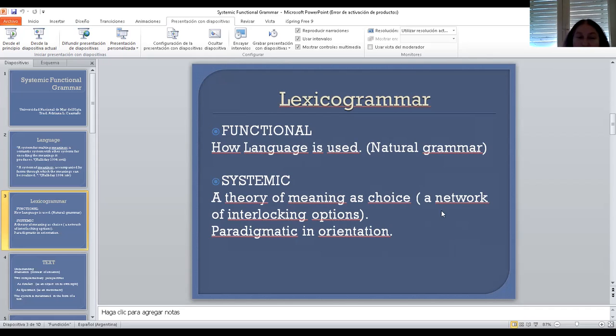So what do we mean? Well, when you think of systemic functional grammar, we are always exploring the meaning-making potential of grammar, okay? And when we think of potential, we are thinking of the paradigm.